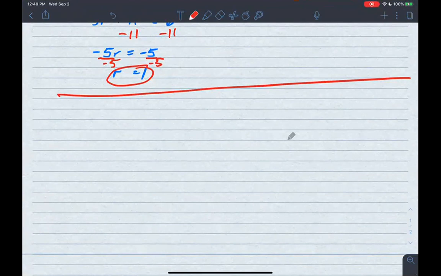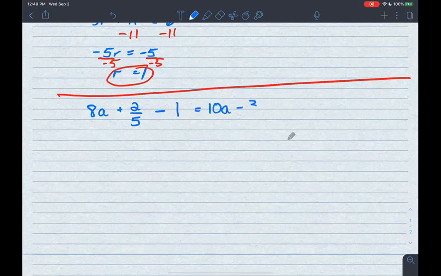Okay, so the problem was, I don't want to write this all in red, 8a plus 2/5 minus 1 equals 10a minus 3/5.